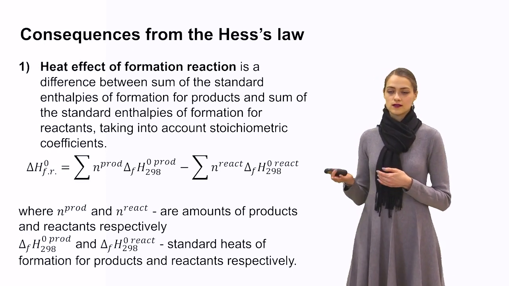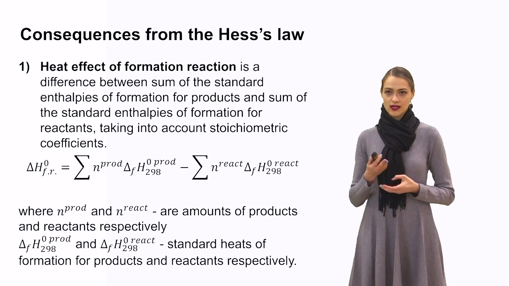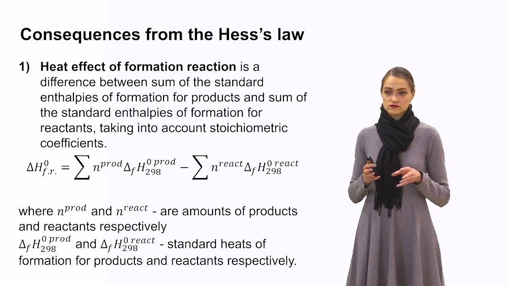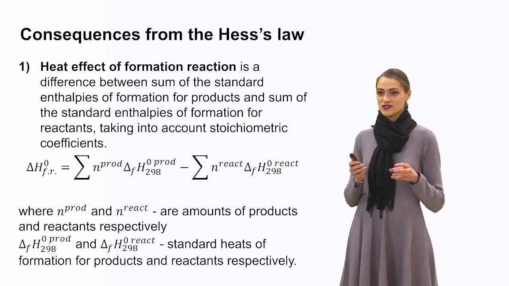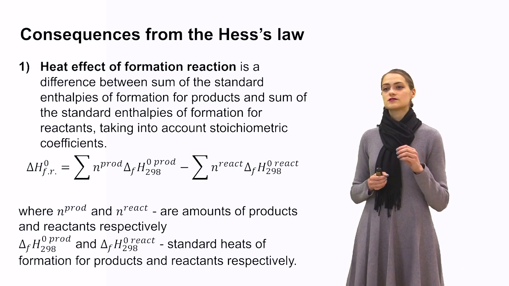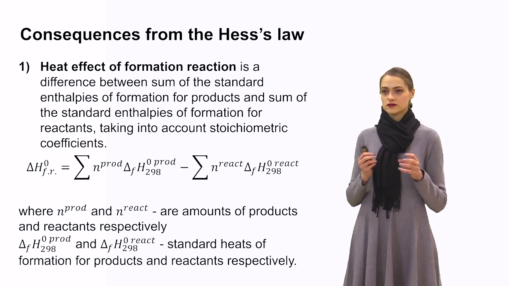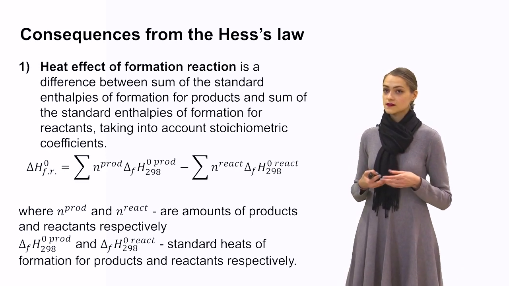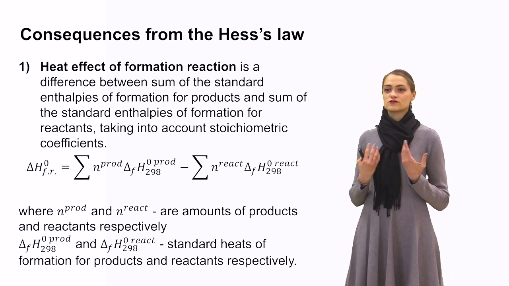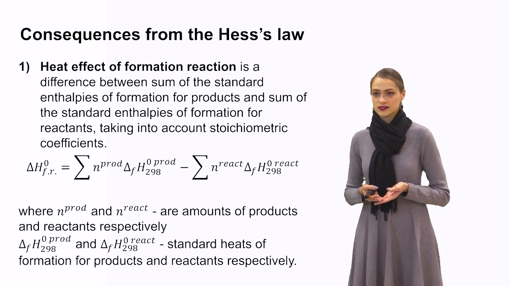So you see here the formula, and in this formula we use not just the difference between 2 sums, but we need to take into account stoichiometric coefficients in our reaction. Because standard heat of formation is the heat that we need to produce just 1 mole of substance.